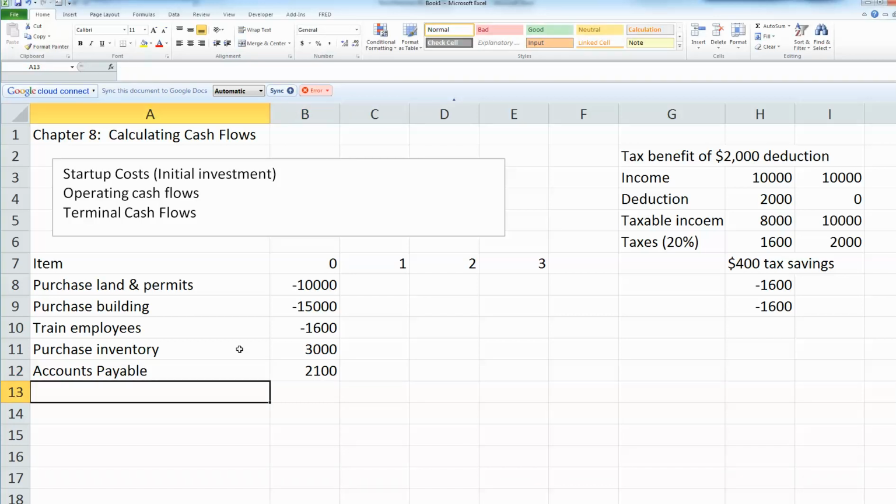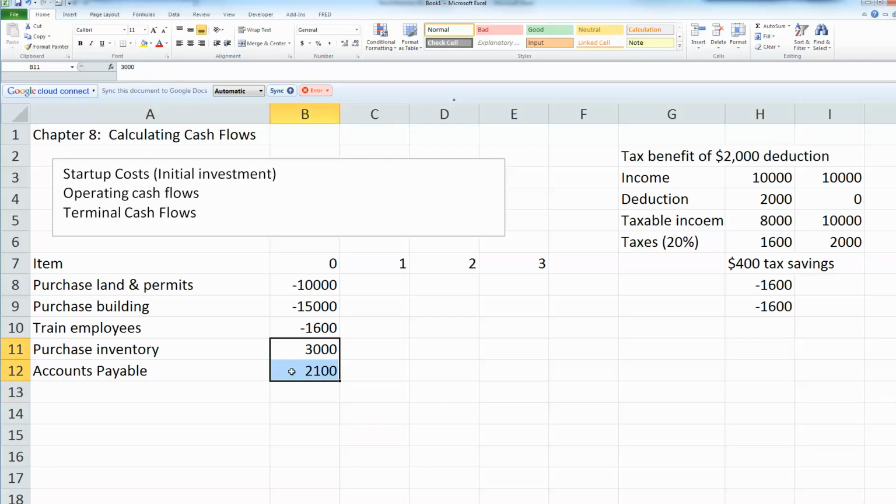So what I really care about is how much my cash has been impacted by this working capital adjustment. So again, I can sum my current assets except for cash, subtract the sum of my current liabilities, and that will tell me how cash has been impacted. So the $3,000 purchase of inventory minus the $2,100 increase in accounts payable tells me that my cash had to decline by $900.